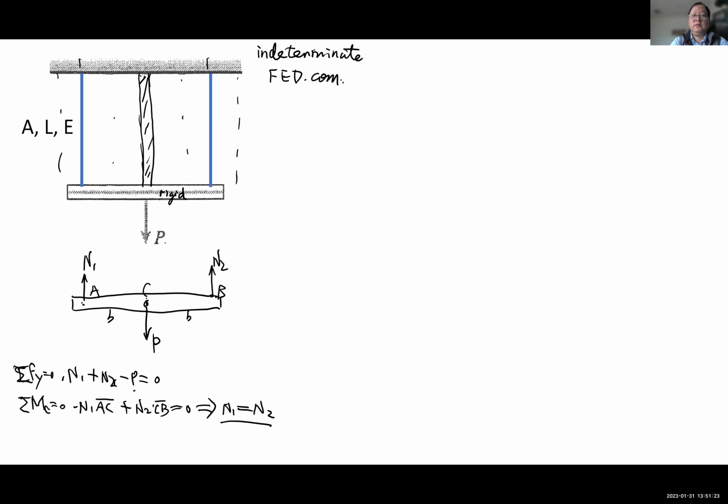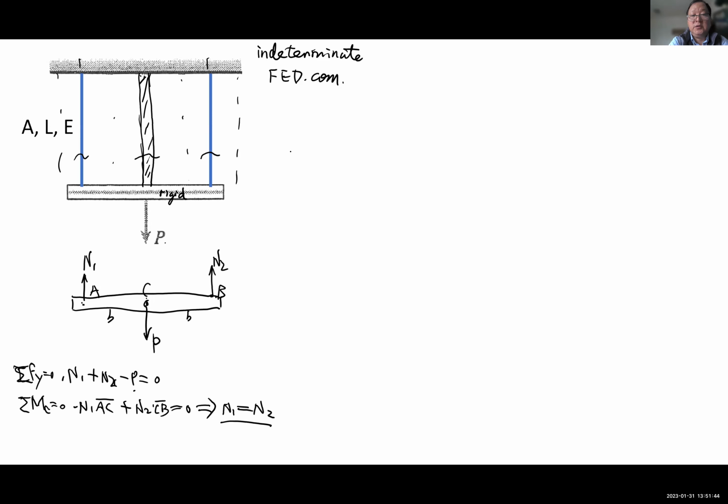That's the approach. First, I'll make a cut here, cut here, cut here, and draw a free body diagram of this rigid beam.